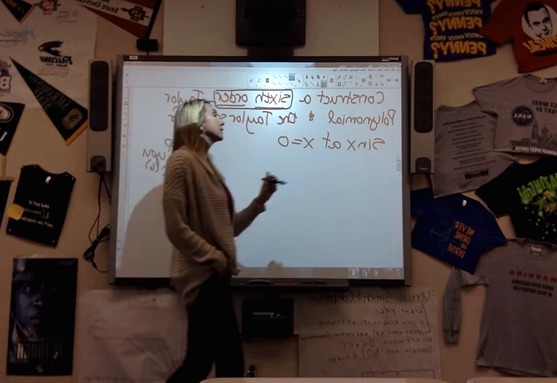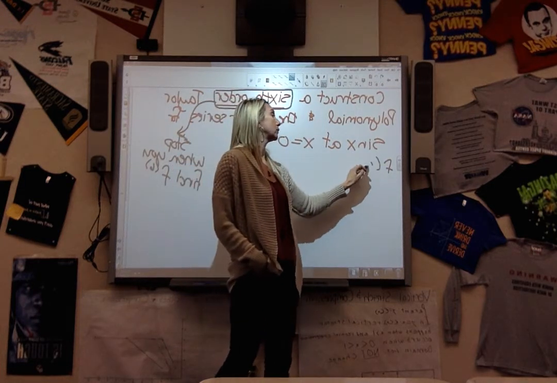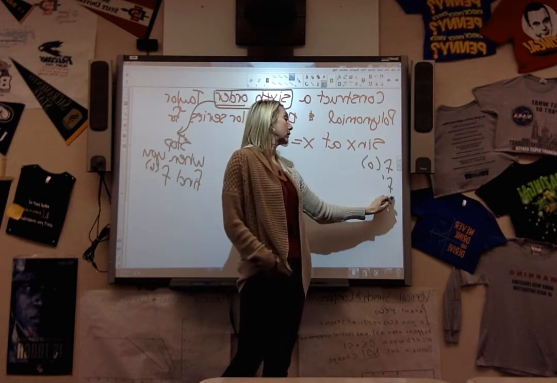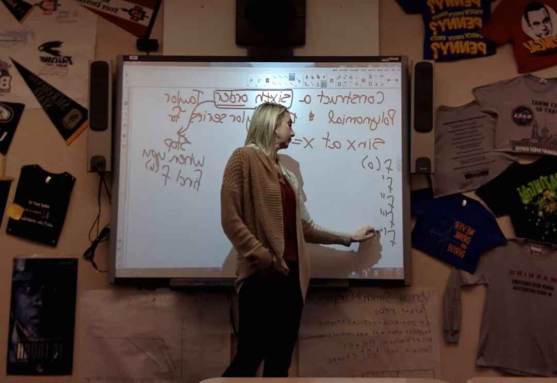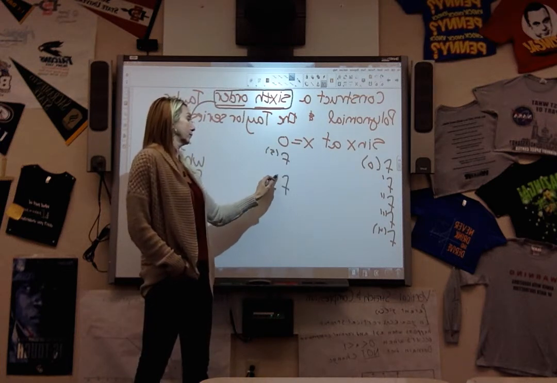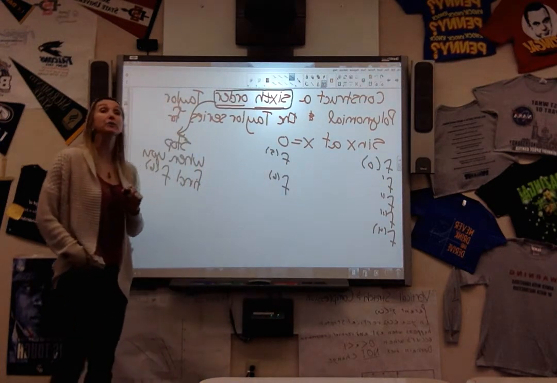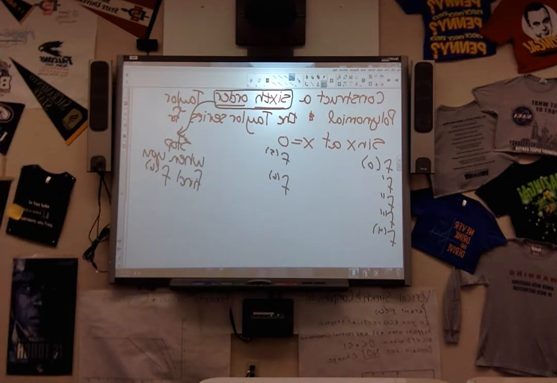So I need the value for my function at 0, and then I need to go all the way out to the 6th derivative, you guys. When it says 6th order, that's how many derivatives I need to get to.